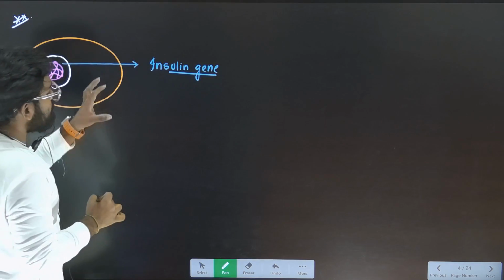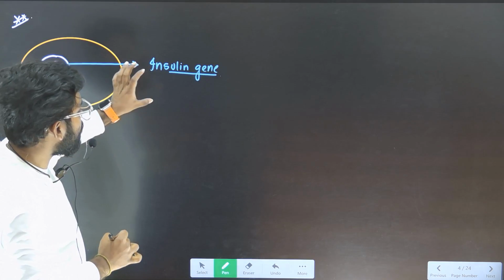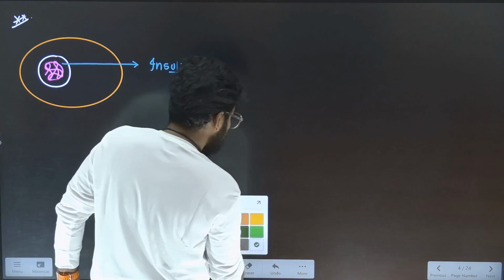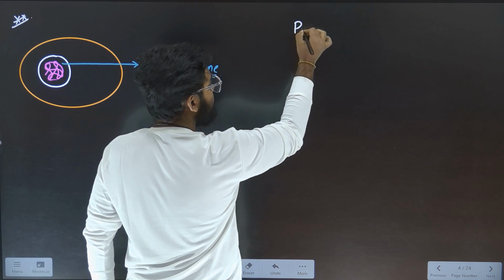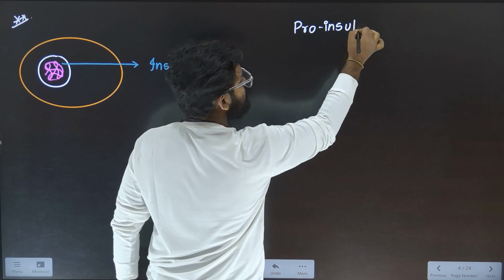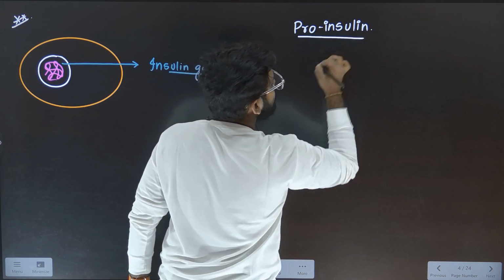Now before we see this process further, we need to know what actually happens in the human body. In the human body, insulin is usually in the form of pro-insulin initially, or in immature form.